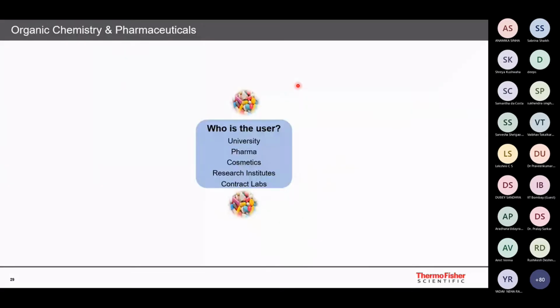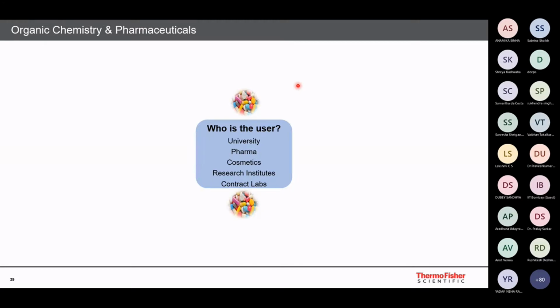Now, for CHNS analysis, who actually analyzes that? Most universities use it for identification of the samples. Pharma customers mostly use it for R&D purposes, to check whether a substance or material is made in the similar pattern.